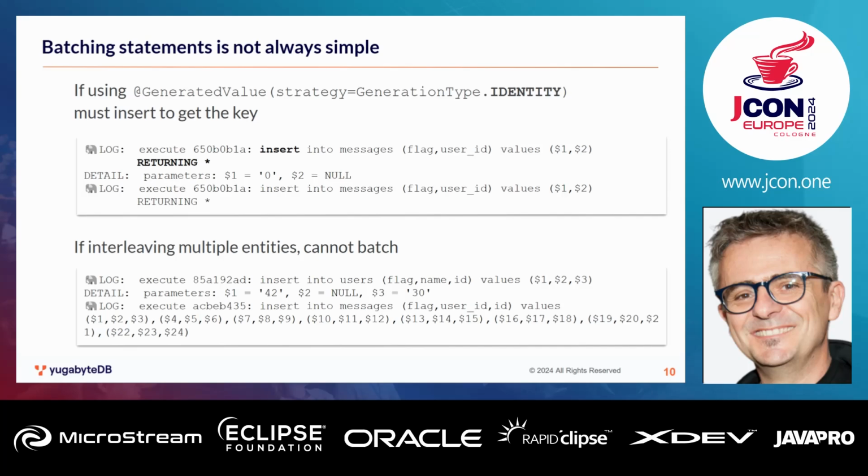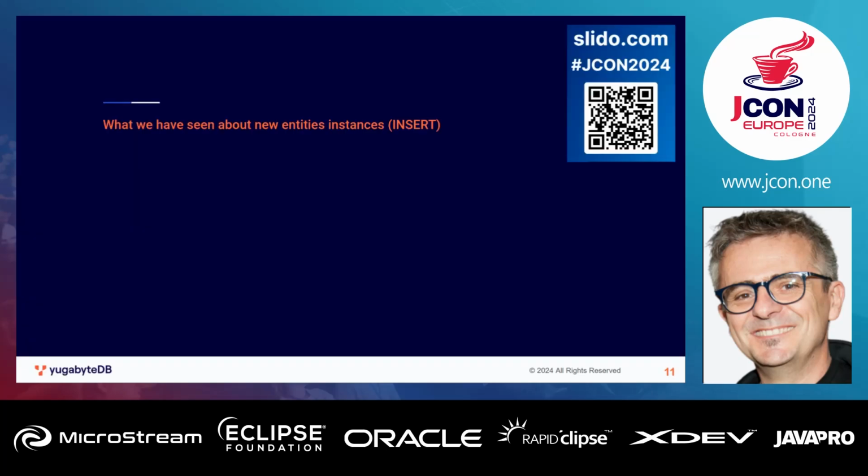Also, if you interleave multiple tables, so here, for example, I'm inserting users and many messages, and then the next user, and then many messages. This cannot be batched, as opposed to inserting all users and saving them, and then inserting all messages.